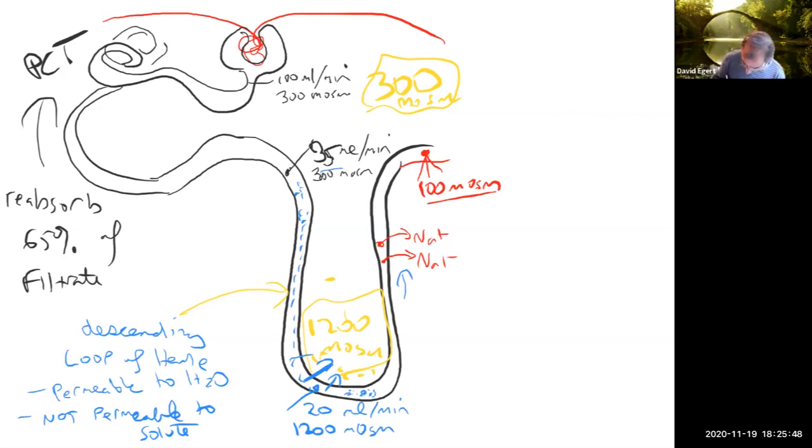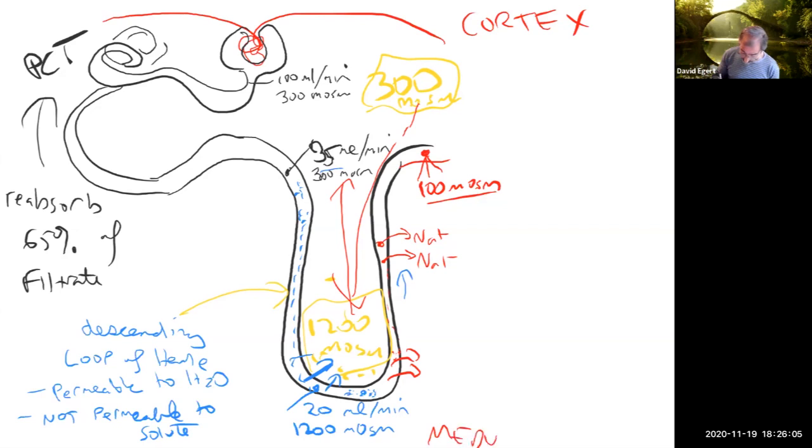Down here, it can get down to 1,000, but as you go up, we have this gradient which goes from 300 to 1,200 as we go from what we call the cortex, the outer part, to the medulla, the inner part. So by the time we get to the top here, and because we're not losing water, this is still maybe about 20 mils per minute.